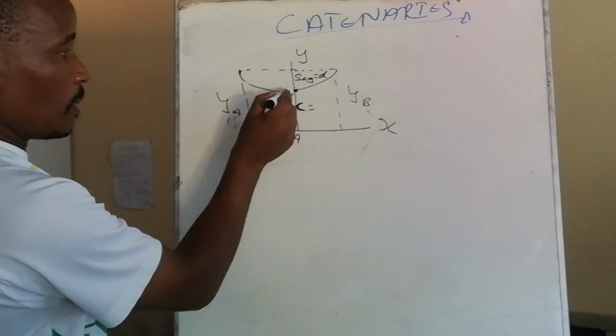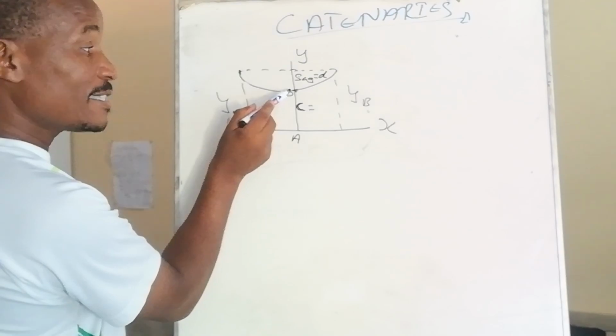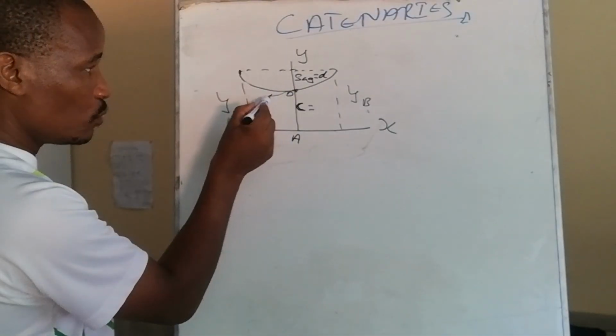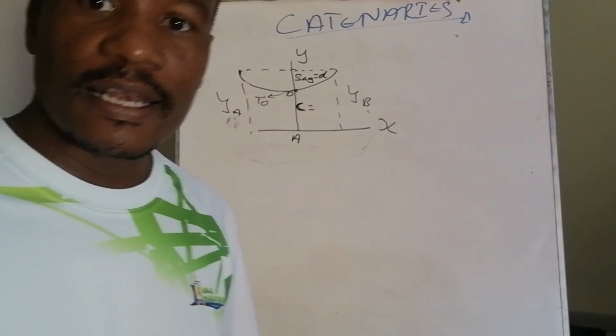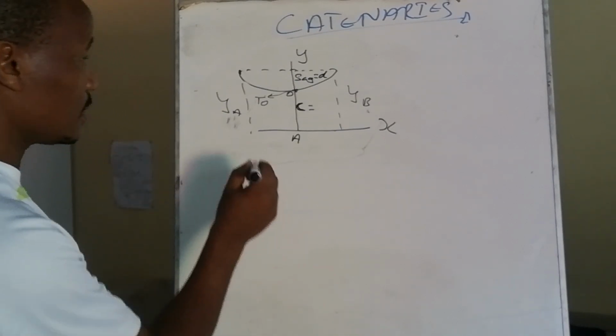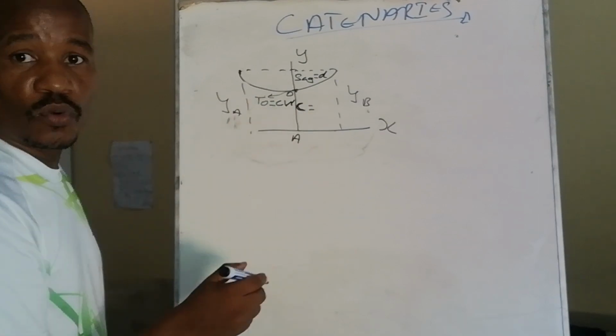Now, the minimum force acting at the lowest point there at the cable, let's assume this is the minimum tension. This minimum tension, its formula is CW. Why?